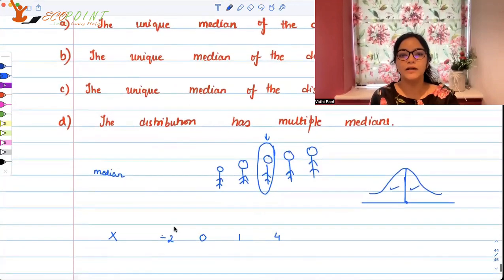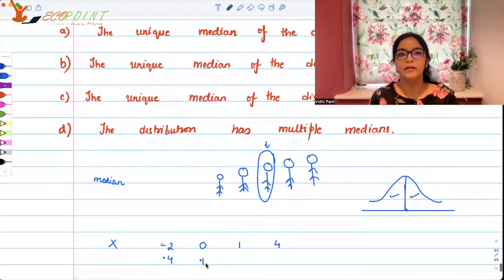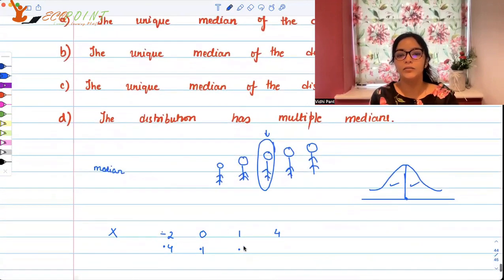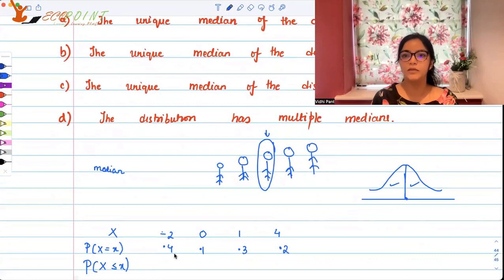The probabilities are 0.4, 0.1, 0.3, 0.2 respectively. Now, how do you figure out median? You figure out median by looking at the cumulative probabilities. I'm just telling you the way to figure it out, and then I'll define what is median for a discrete random variable.